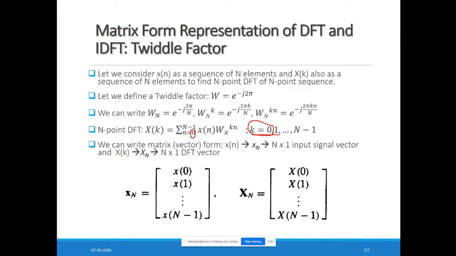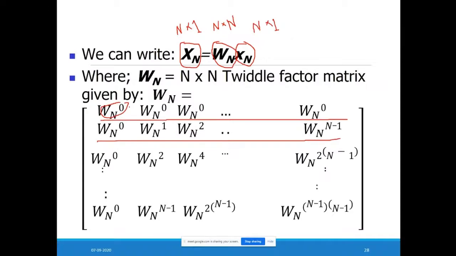So omega n raised to k into n, where k is 0 for the first row, and n goes from 0, 1, up to capital N minus 1, the length of your input sequence. Multiplying any value of n with k equal to 0 always gives omega n raised to 0 for this entire first row.